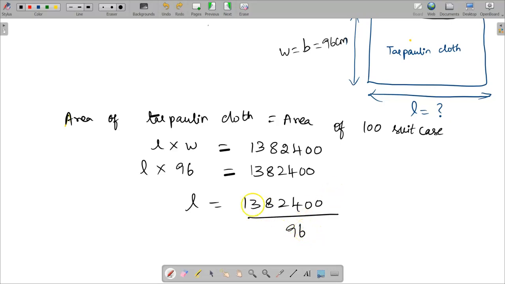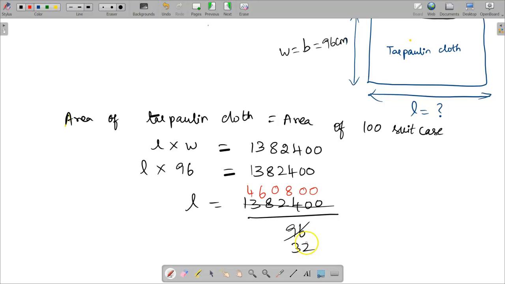Since the sum of the digits of the number is divisible by 3, we can easily divide by 3. So 3 3s are 9, 3 2s are 6. We can apply the 3 tables here. 4 3s are 12, balance is 1, it will become 18, 6 3s are 18, and then 2 will not go, so it is 0. 24 means 8 3s are 24, and at the end we have 00, just write as it is.